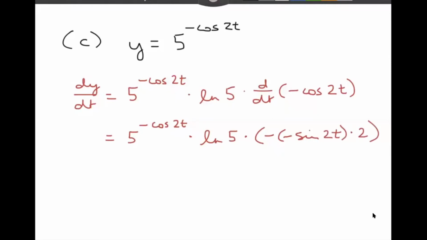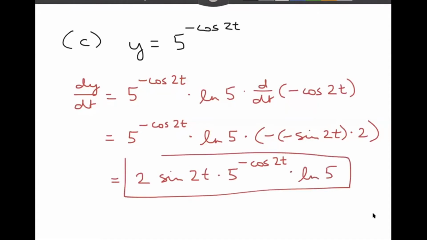All right, so putting it all together, I kind of want to put this 2 sine 2t in front, maybe. It would be 2 sine 2t times 5 to the power negative cosine 2t times the natural log of 5. All right, that was fun.